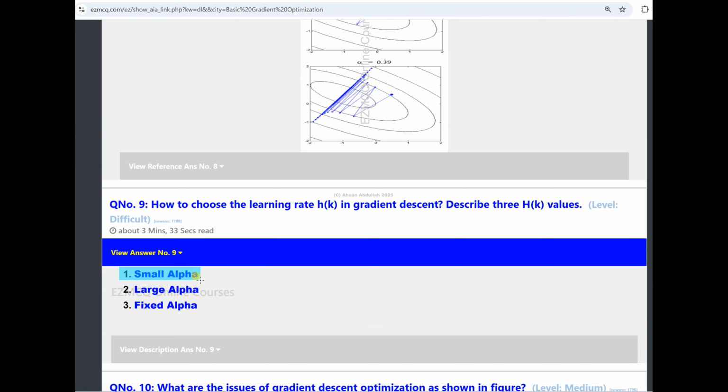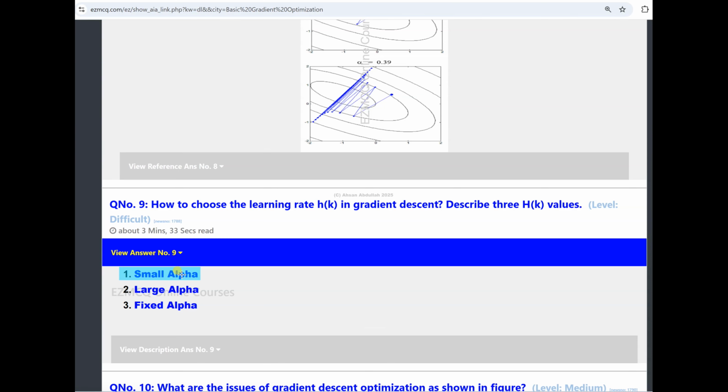So what is in small alpha? The small alpha, which we discussed before also, ensures stable and precise convergence, but it is slow. It converges instead of diverging, that we've seen twice, and it prevents overshooting the minimum.